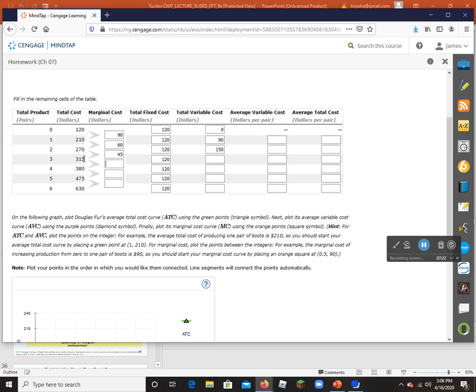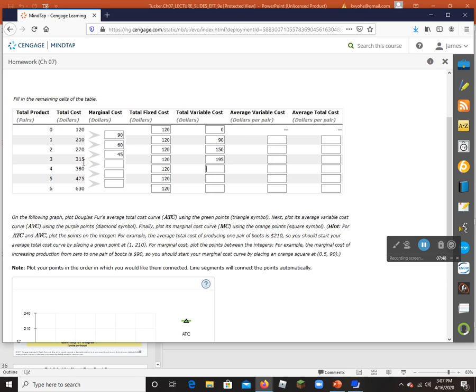Total costs are made up of total variable and total fixed. Taking total cost of $315, subtracting out the $120 in total fixed costs, that's going to leave us with $195 in total variable costs. We'll just keep doing that.